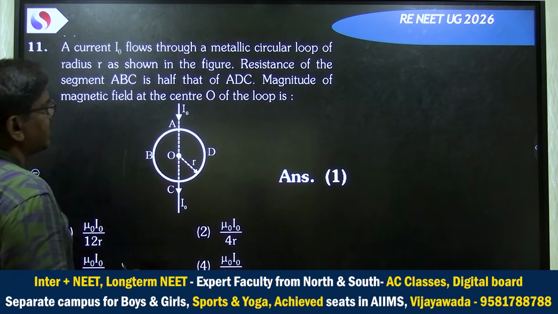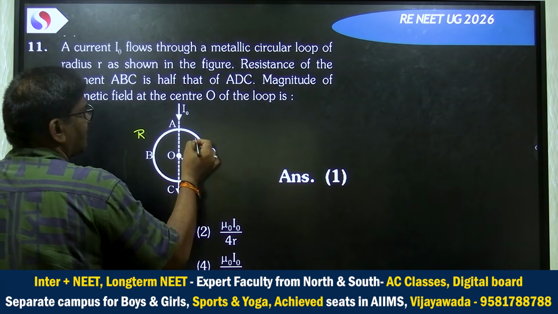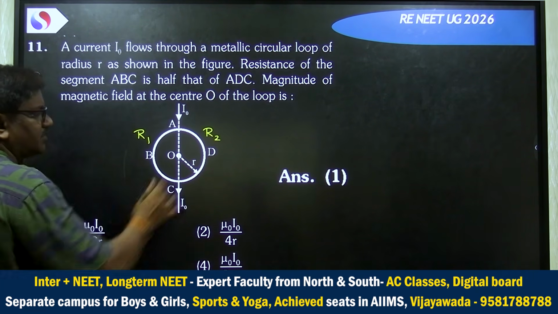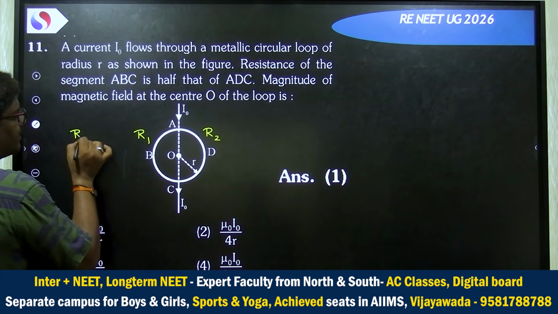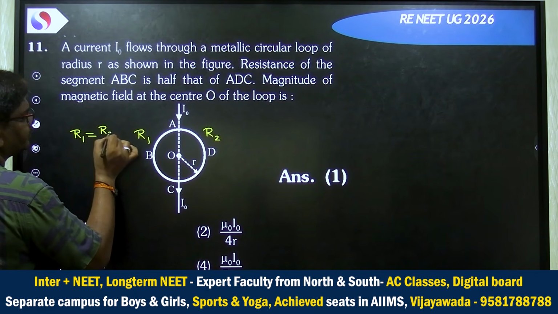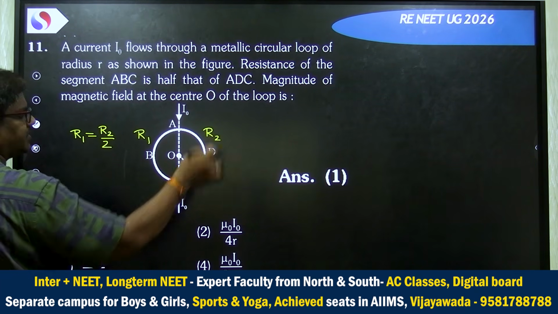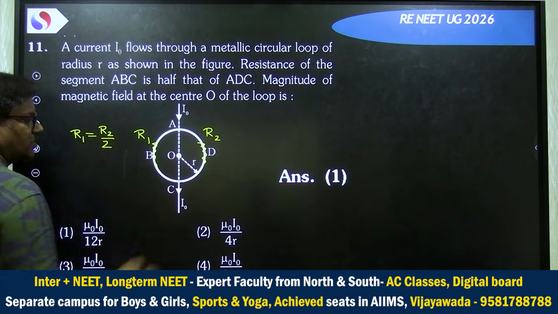This is not identical, as they have clearly said that the resistance of ABC is half of the resistance of ADC. So if this half is R1 and this half is R2, then they have clearly said that R1 is equal to R2 by 2. Right? Half of the ADC. So this resistance and this resistance are not the same.